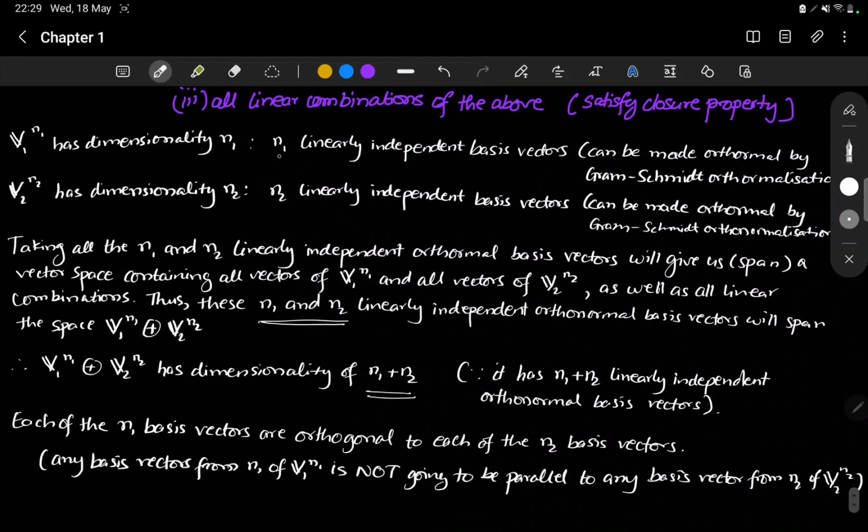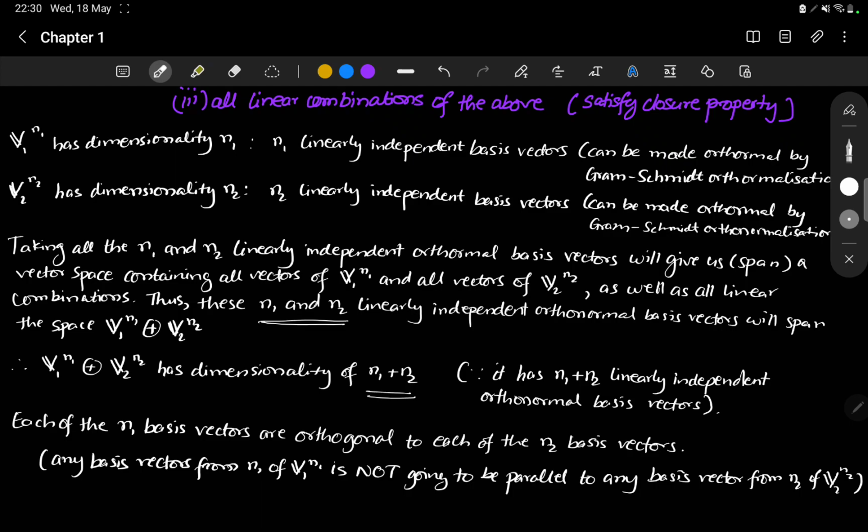Otherwise, if we have some vector from this N1 parallel to some vector from this N2, then we will have to consider them as only one vector. It will not be one from this N1, one from this N2, adding them up to give us N1 plus N2.